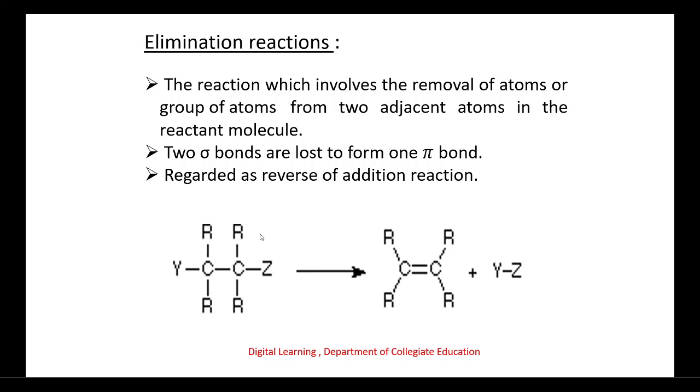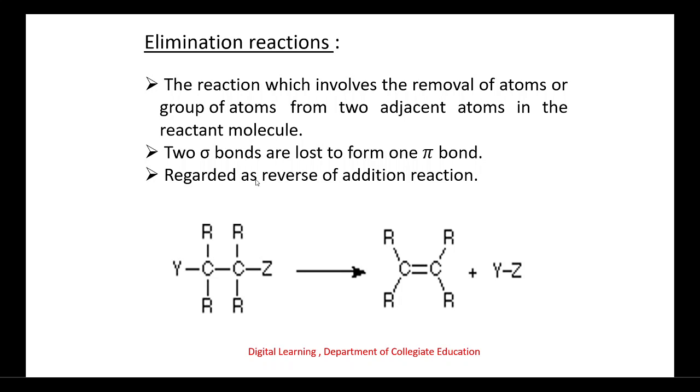Coming to the next type of reaction, which we call the elimination reaction. As the name suggests, the elimination reaction is completely the reverse of an addition reaction. An elimination reaction involves the removal of an atom or a group of atoms from two adjacent atoms in the reactant molecule.